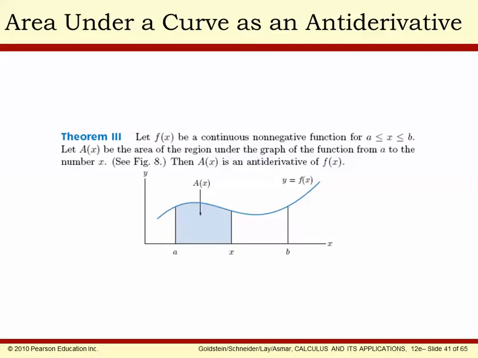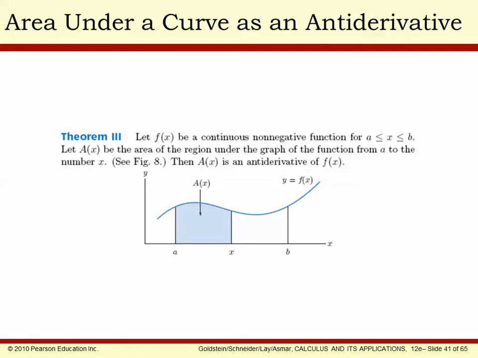Okay, so basically, if I just go back to the function, there's a few things we need here. We're going to look at a continuous function. We're going to look on a bounded interval. And we're going to let A of x be the area of the region under the graph of the function from a to x. We're also going to require that A of x be non-negative.